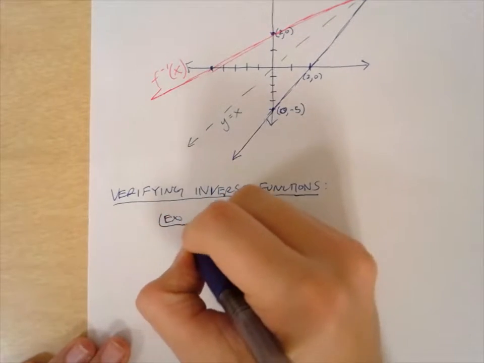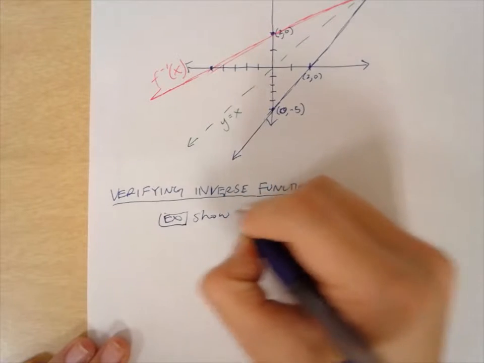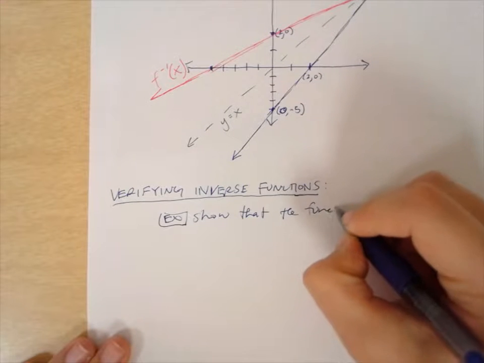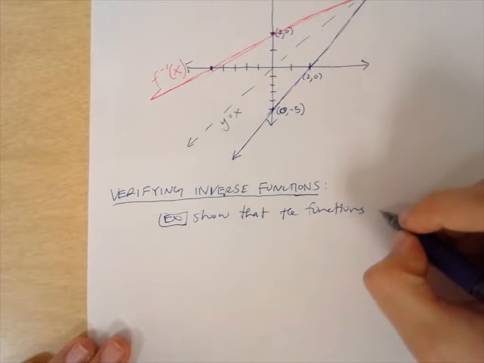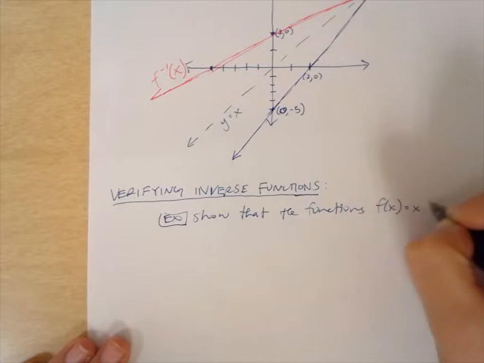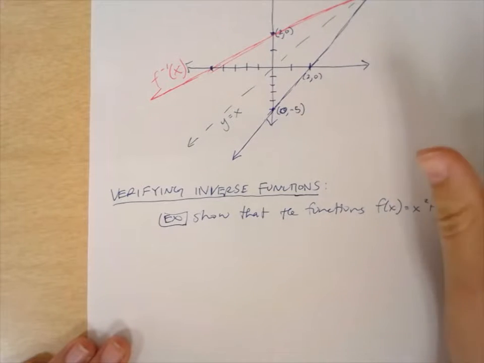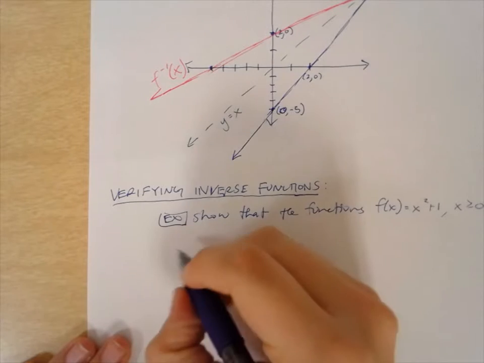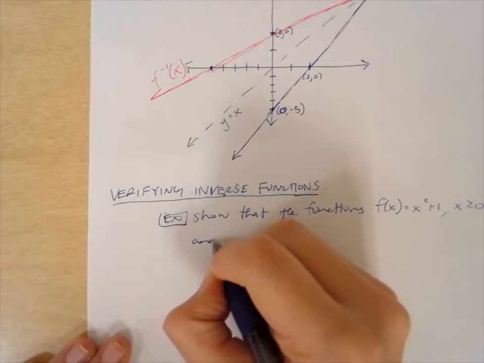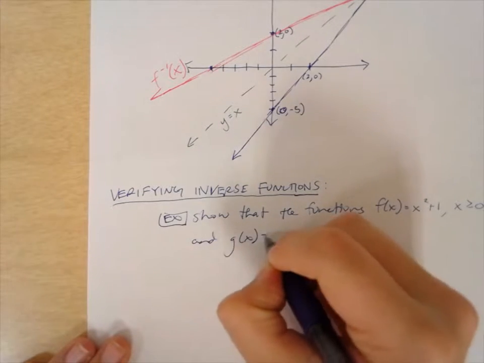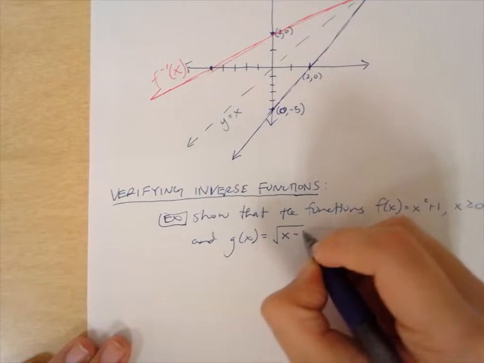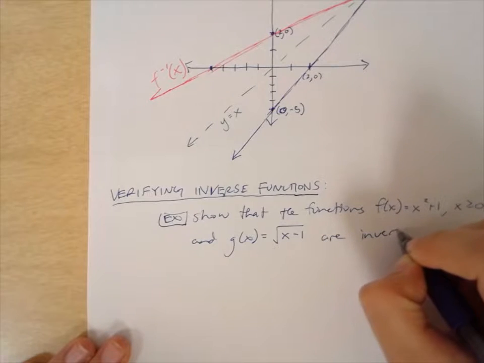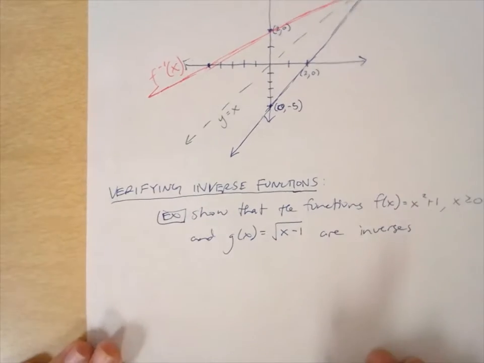For example, we want to show that the functions f of x equals x squared plus 1, with x being greater than or equal to 0, and g of x equals radical x minus 1 are inverses.